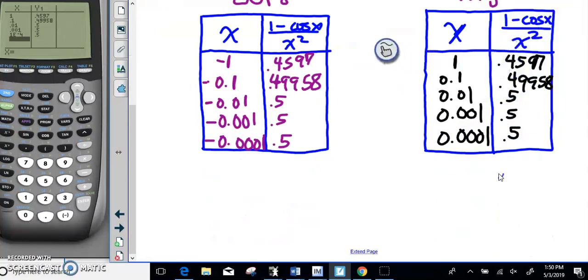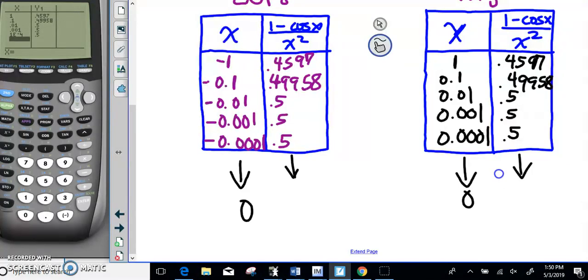So at this point, what we're really saying is, as x approaches 0 from both sides, our y values for both of these approach the same number, 0.5. Because as you're getting closer and closer to 0, the y values are getting closer and closer to 0.5.